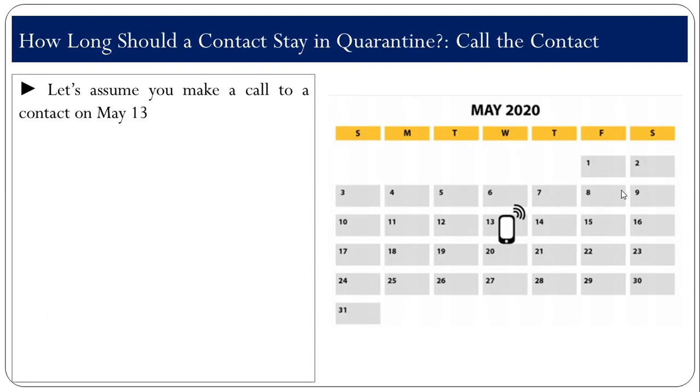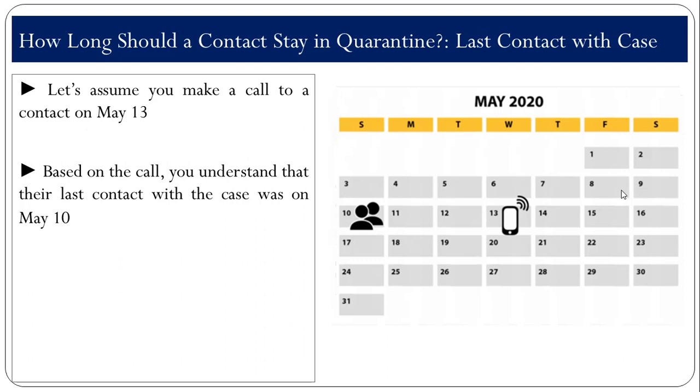Now, let us think through a specific example. Remember the case we already talked about. Let us assume that you are going to call one of their contacts, and you are able to have a conversation with this contact on 13th May.